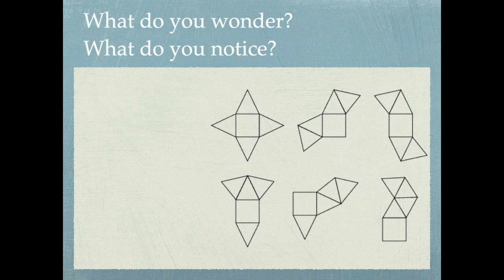When you look at these nets, I want you to notice a few things. Take a minute to notice where the squares are. Now I want you to look again at the triangular faces attached to those squares. How are the triangles attached to each square? So I want you to take those nets and fold them in your mind and try to make a pyramid.